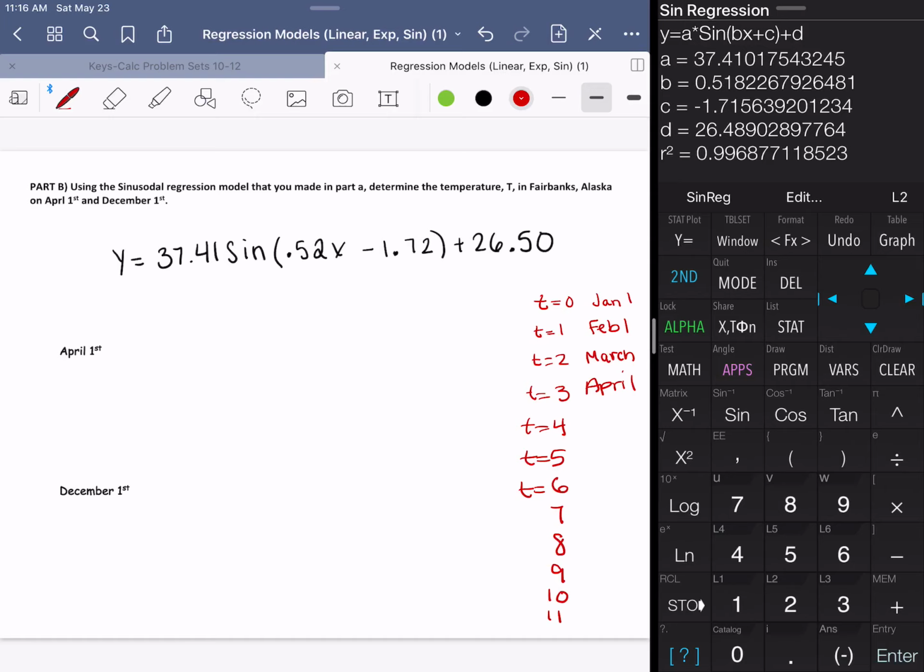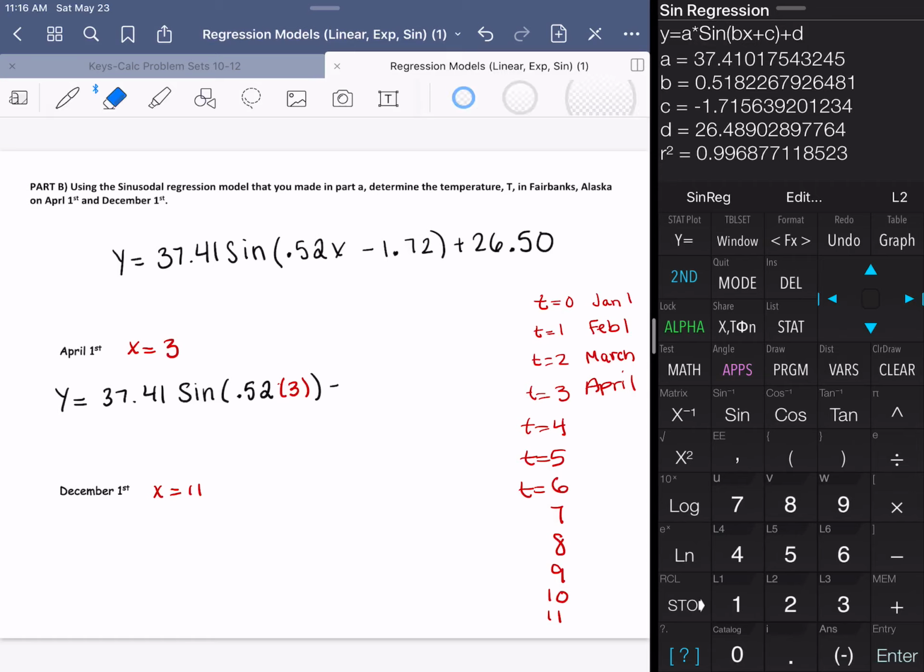So December would be 11 if we follow that pattern. So December is x equals 11 and April is x equals 3. So all we do now is just plug into this equation. So we have y equals 37.41 sine 0.52, but now my x value is 3.